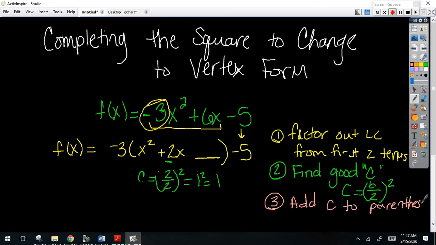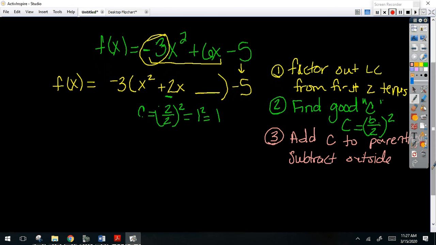But here's the tricky part, because this is an equation and I have to stay balanced. I'm going to add it inside the parentheses while at the same time I'm going to subtract it outside the parentheses. Okay. Let me show you exactly what I'm talking about here, okay? I've got this equation, okay?